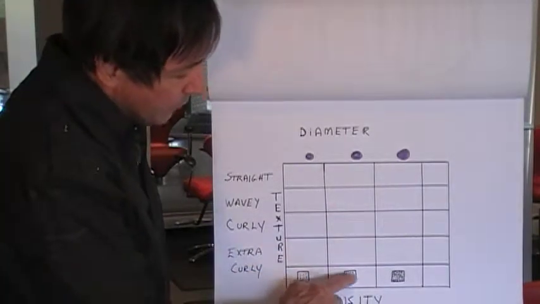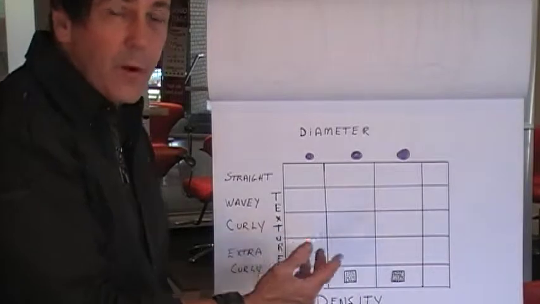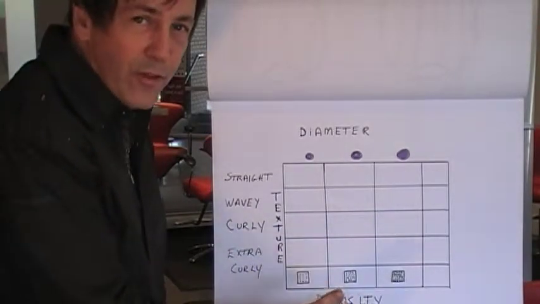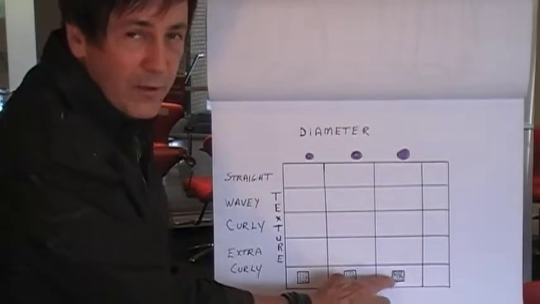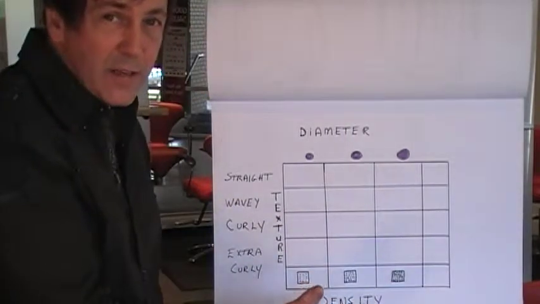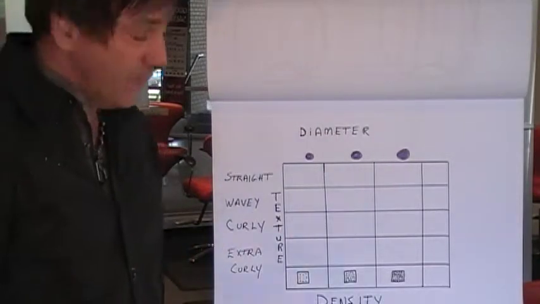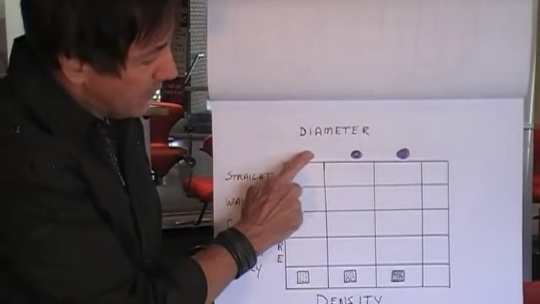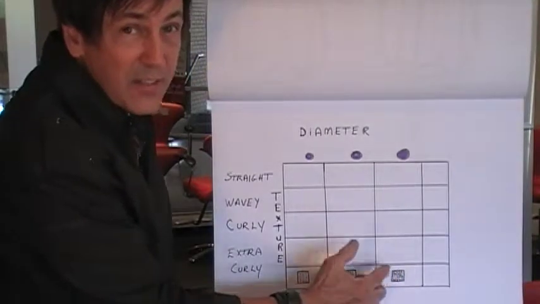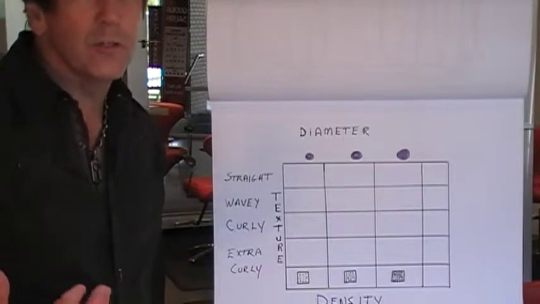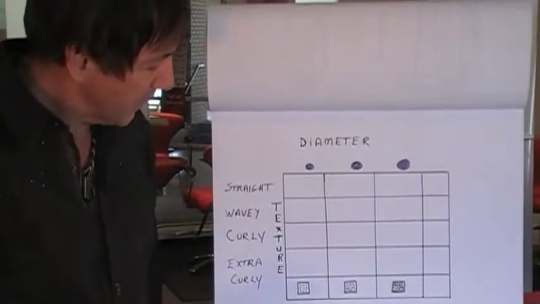The medium density would be, again, probably the most ideal density to deal with because it's not overly thick or overly thin. And when you have an extreme amount of density, you will usually have a lot of weight with your hair. Even if it's fine in diameter and highly dense, it's going to create a lot of weight, and that can come into play when you're trying to design certain haircuts.